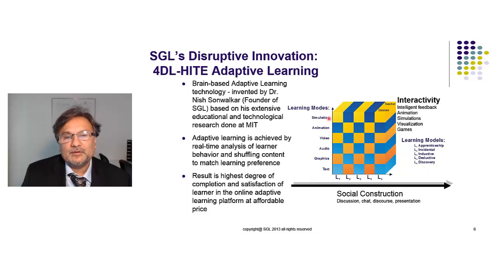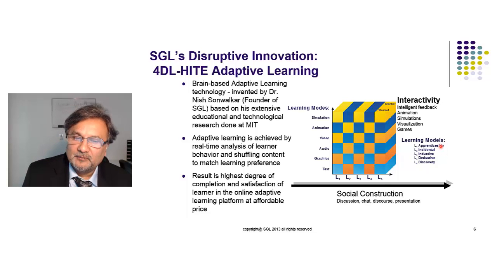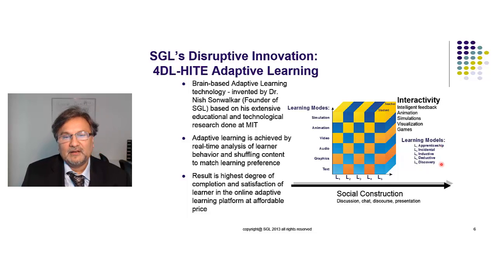In this learning cube we have 3 dimensions. First one is multimedia, learning models, and then interactivity, and the 4th overarching dimension is what I call social construction. So what we are doing here is taking a student and carrying him or her through different learning pathways, and those pathways are generated by 5 distinctive learning strategies.